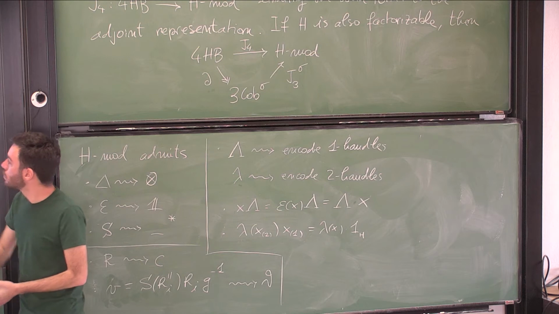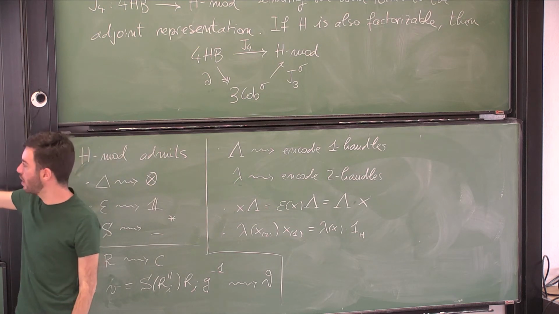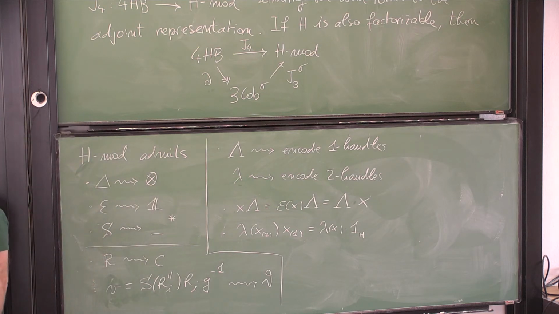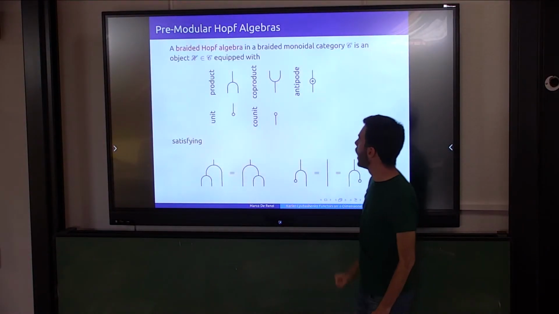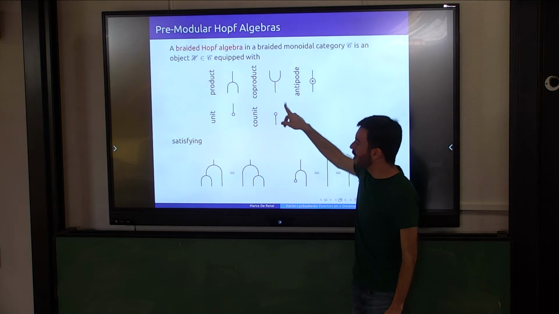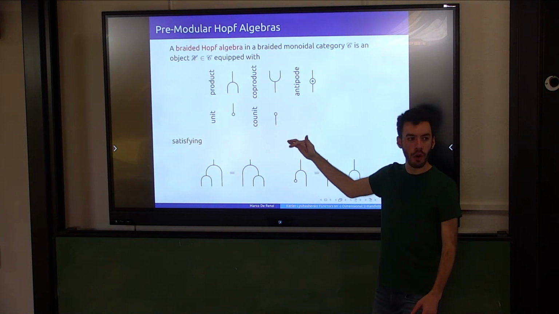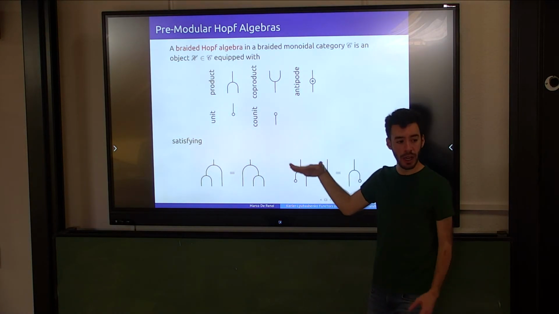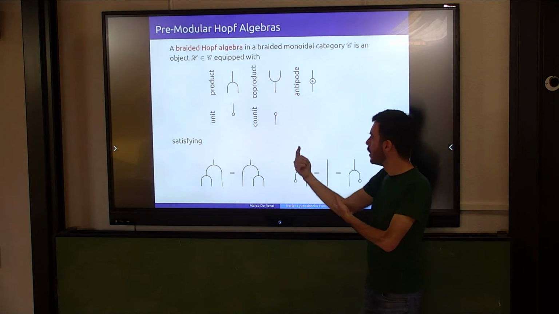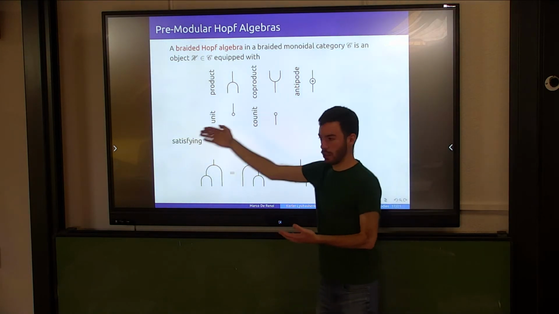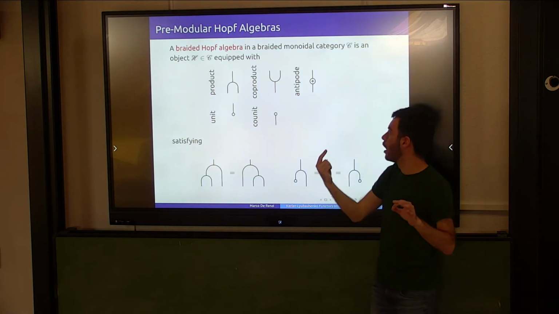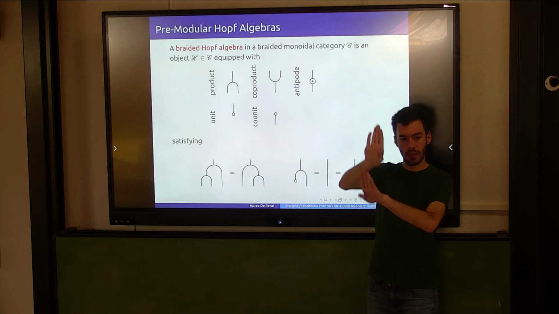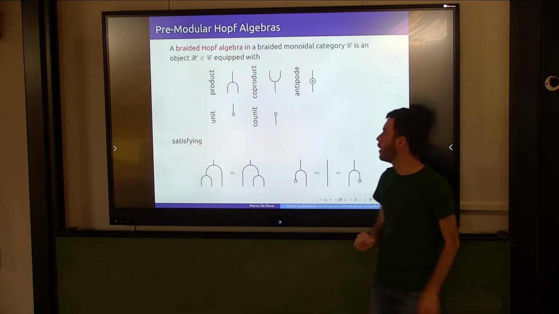And so a braided Hopf algebra in C in general is an object equipped with structure morphisms: a product, a unit, a coproduct, a counit, and an antipode. So these diagrams represent morphisms in the category C. Again, you should read them from bottom to top, and you should read tensor product as horizontal juxtaposition, and composition as vertical stacking.